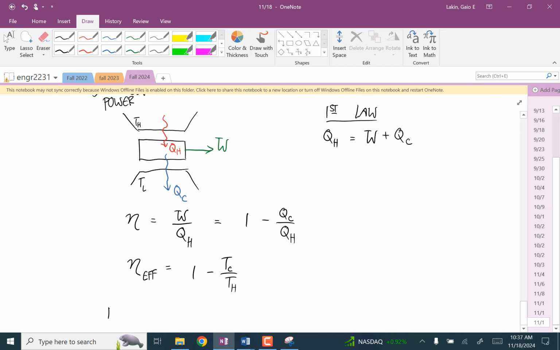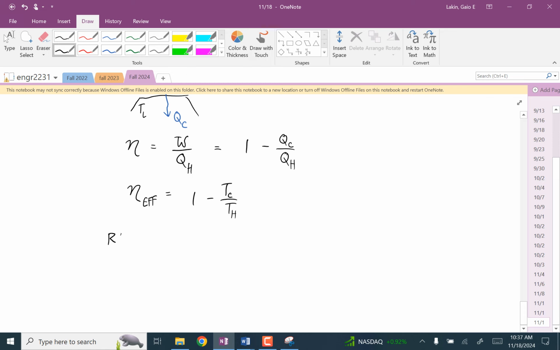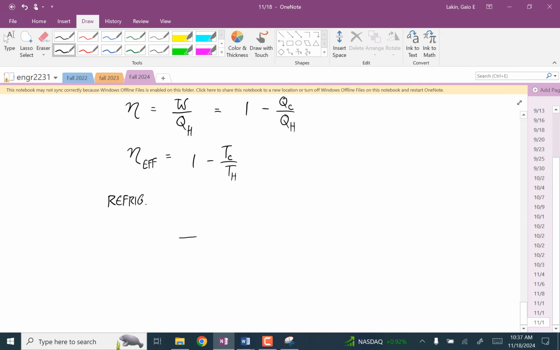Next is the refrigeration cycle. We have the high temperature reservoir, the low temperature reservoir. This time everything's going backwards. So we have heat leaving the system to the high temperature reservoir.